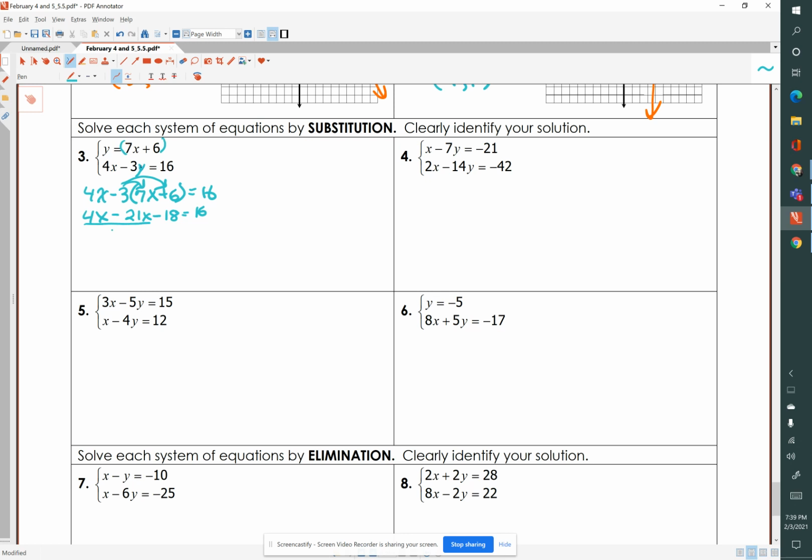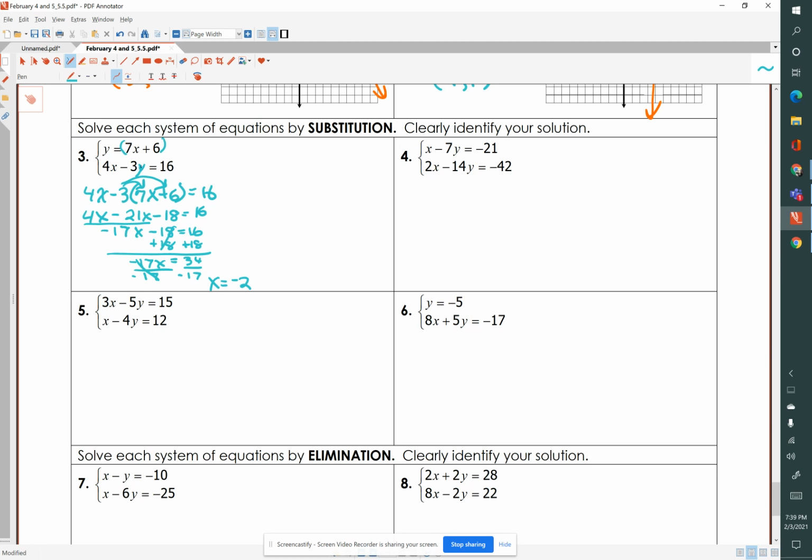4x minus 21x is negative 17x minus 18 equals 16. We'll add 18 to each side of the equation. Negative 17x equals 34. Divide by negative 17. And x equals negative 2.